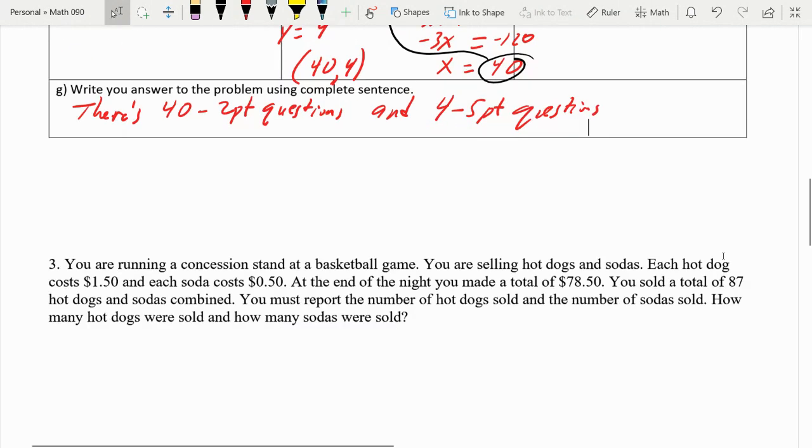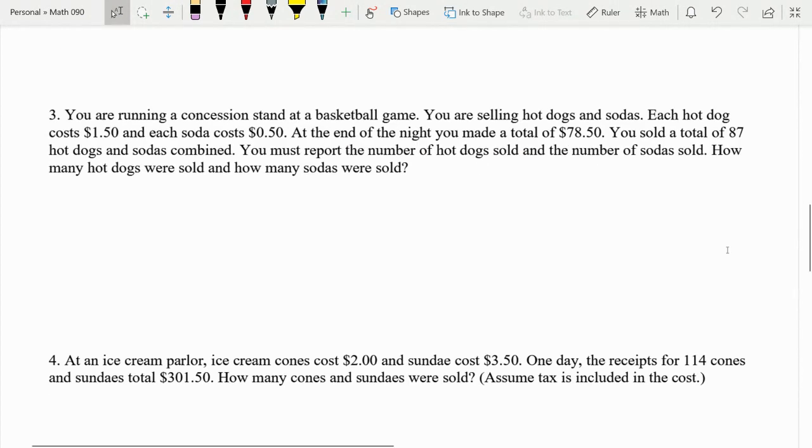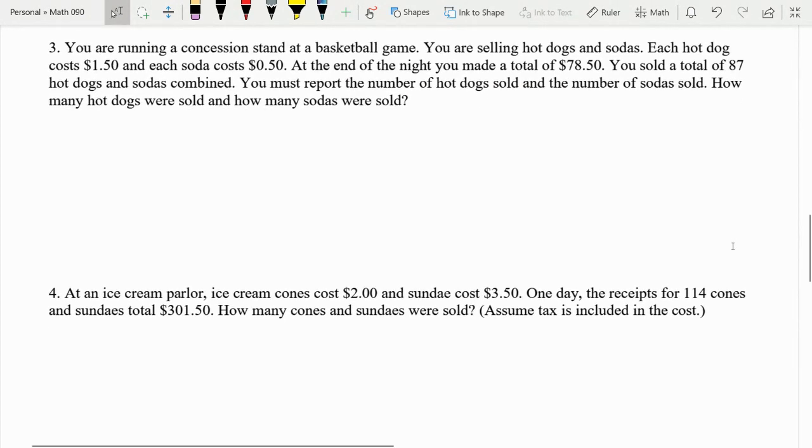Now when we get to this side, they're not making us do all those steps. You do what's necessary. I really think what's going to be necessary is figuring out what the totals are. So you look up here. Here's one total right there, here's another total right there.